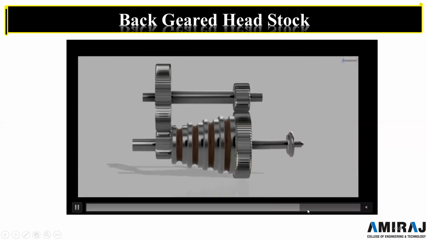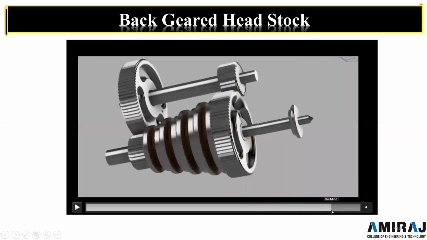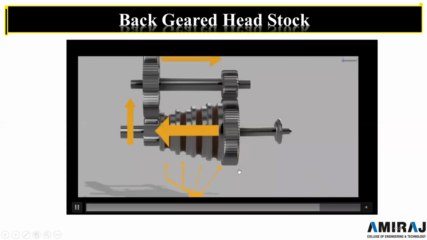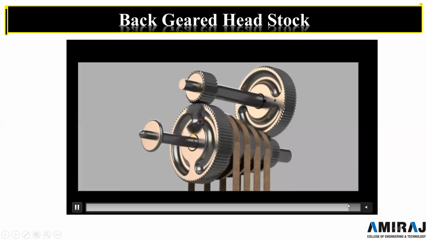These belts are used to supply the power. Various diameters of belts are used for various speeds. So this is how the power goes back, by the back gear arrangement. So this is the back gear arrangement.